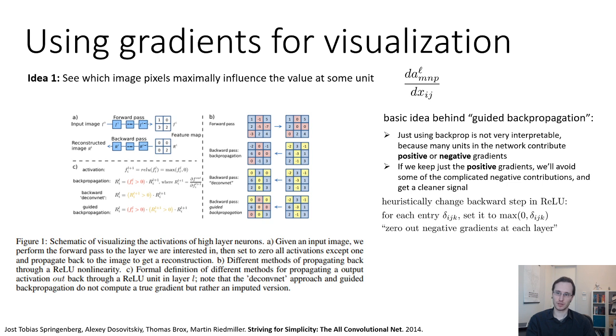And what you can see is that regular backpropagation just sets the derivative at the layer to be the derivative at the next layer multiplied by an indicator for whether or not the unit is positive. That's because the derivative of the ReLU is 1 if it's positive and 0 if it's negative. And then guided backpropagation, which is the thing in the bottom row, also zeroes it out in addition if the derivative itself is negative. So only the positive derivatives get backpropagated. Okay, a little bit of a heuristic, but that's how it works.